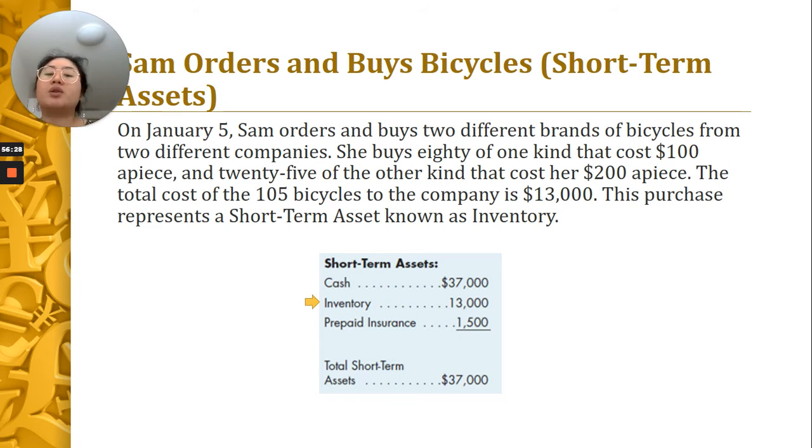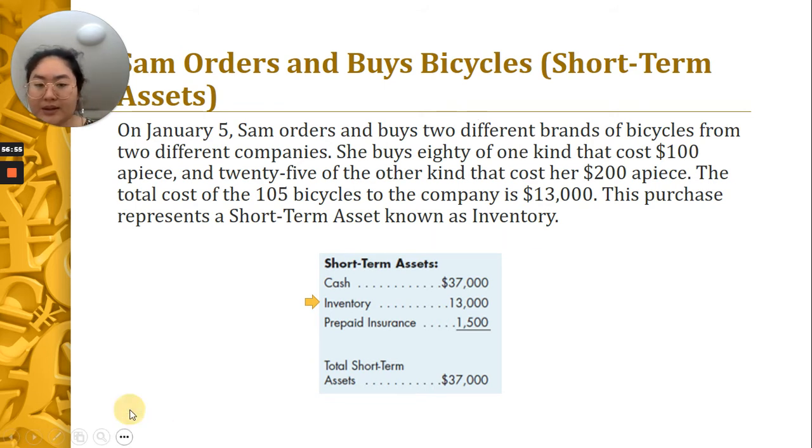So the company will get 80 plus 25, which is 105 bicycles as inventory. The value you can calculate.